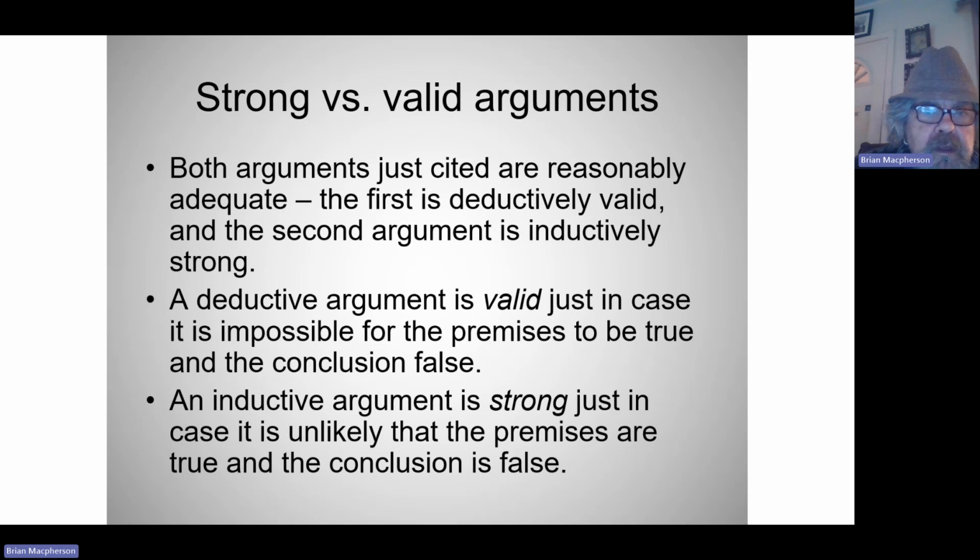An inductive argument is strong just in case it is unlikely that the premises are true and the conclusion is false. So I saw 100 squirrels, they're all gray. Chances are pretty high that the next one I see will also be gray, but it's not a certainty, right? So that's a strong argument. So inductive arguments are strong or weak, and deductive arguments are valid or invalid, okay?